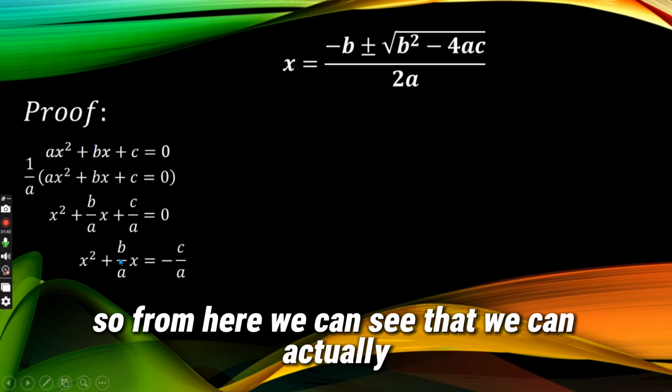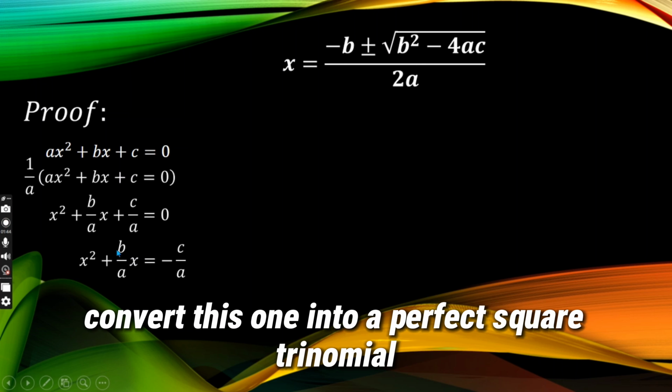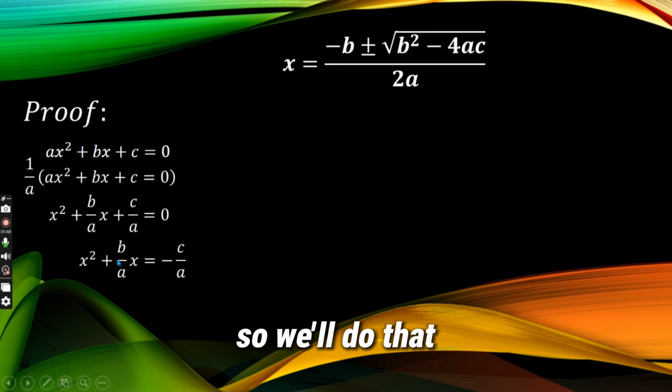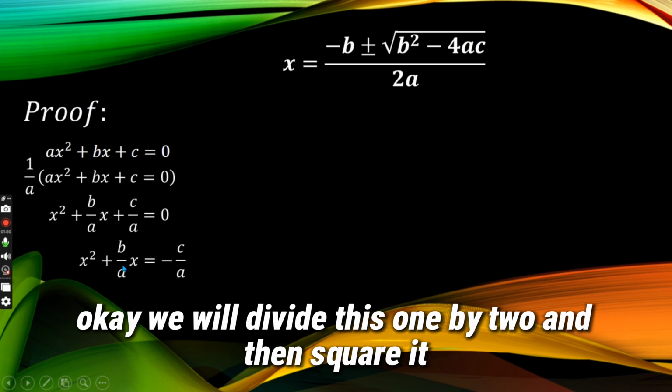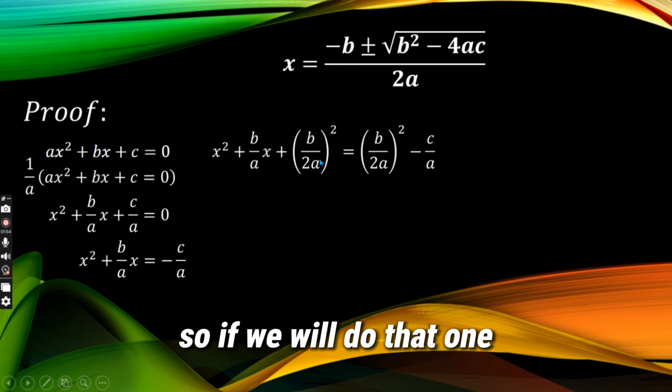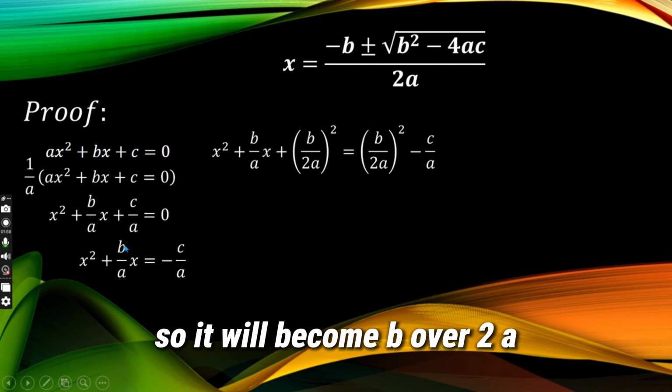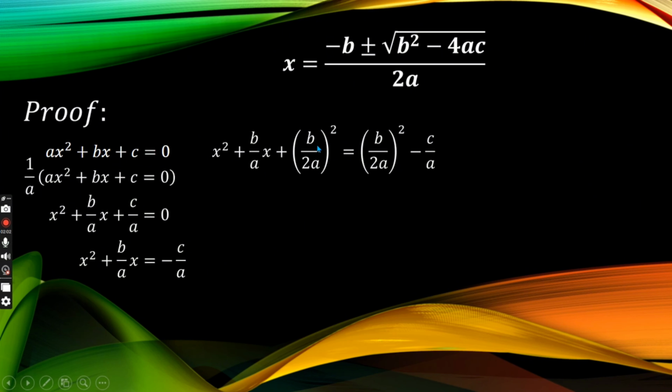From here, we can see that we can convert this into a perfect square trinomial. We will divide this by 2 and then square it. So it will become b over 2a, squared.